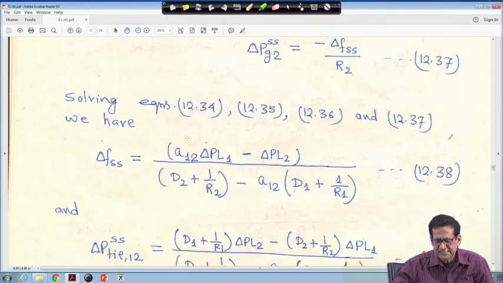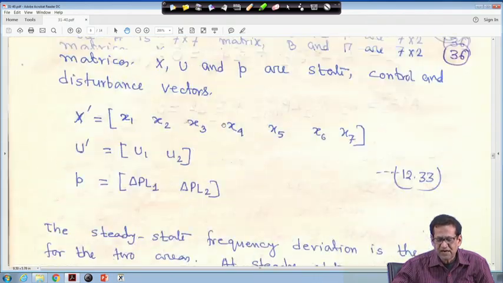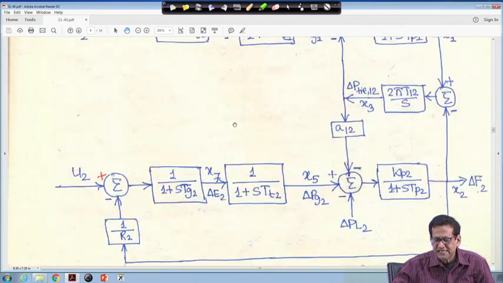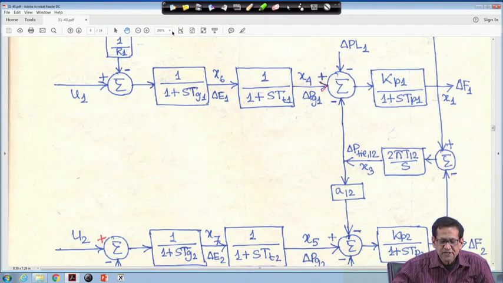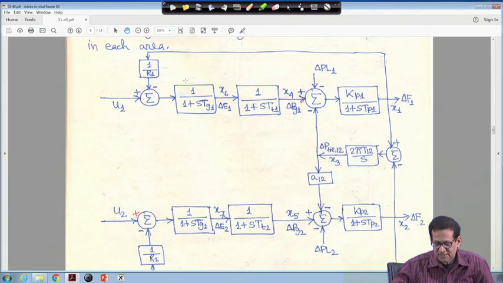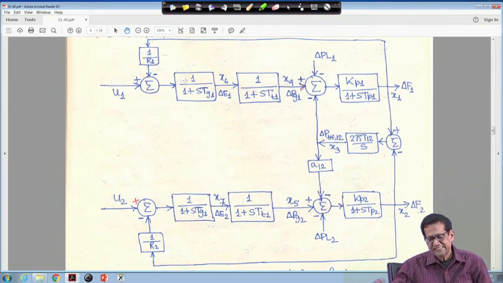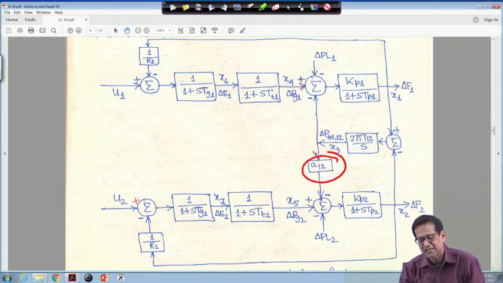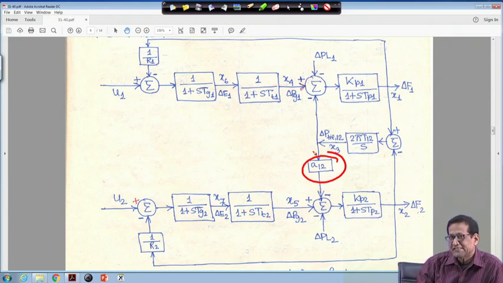Now, before moving further I will go to that block diagram. In this case, the area capacity ratio A12 plays a significant role.